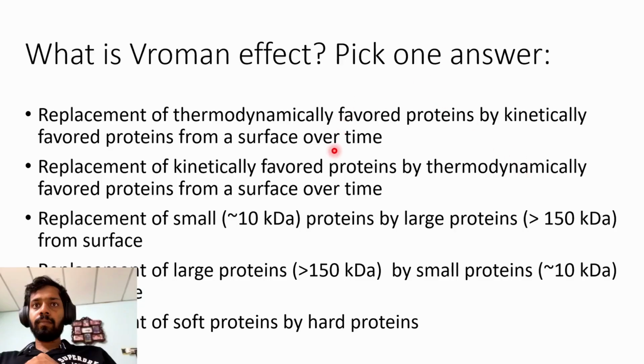Is it replacement of thermodynamically favored proteins by kinetically favored proteins, or kinetically favored proteins by thermodynamically favored proteins? It must be kinetically. Correct. Initially, very initially, there's a lot of adsorption of kinetically favored proteins, but over time these are replaced by the thermodynamically favored proteins.